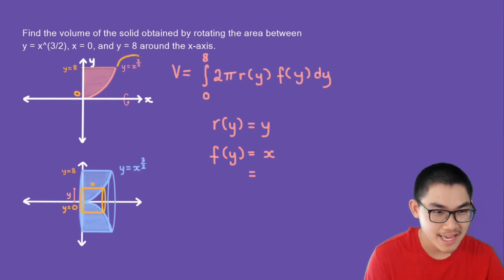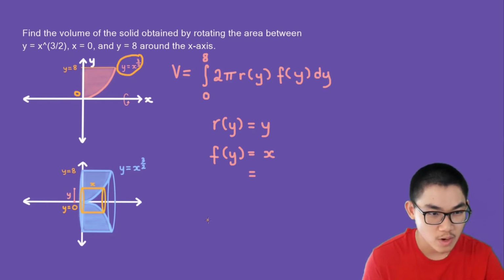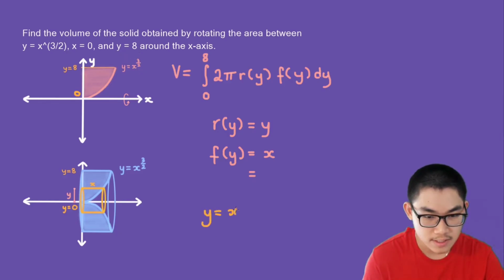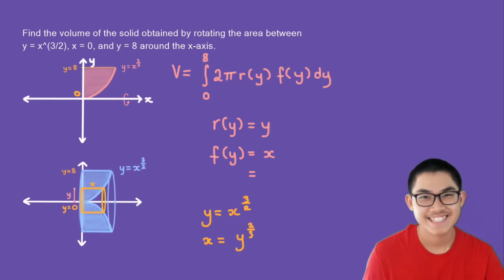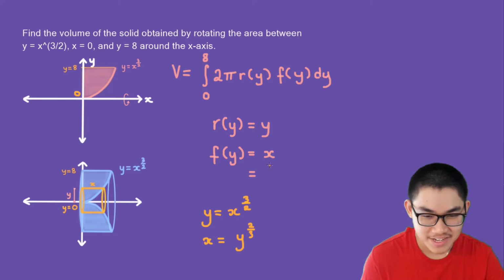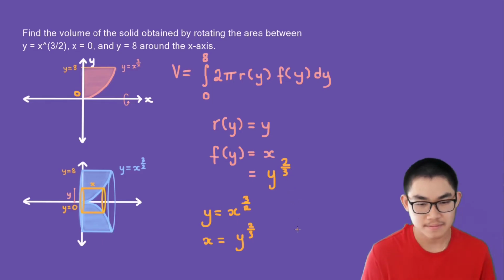Since y is equal to x to the power of 3 over 2, then x must be equal to y to the power of 2 over 3. So for that reason, x is the same as y to the power of 2 over 3.